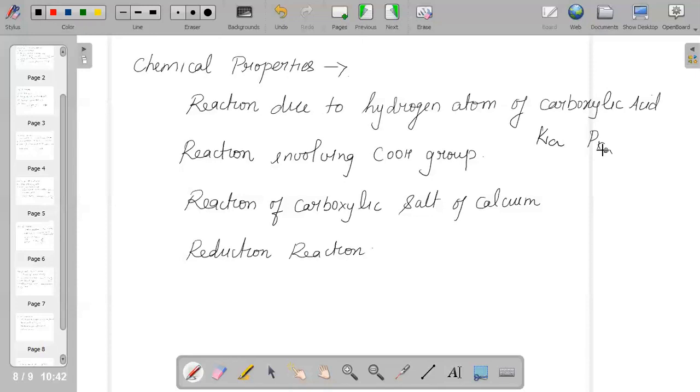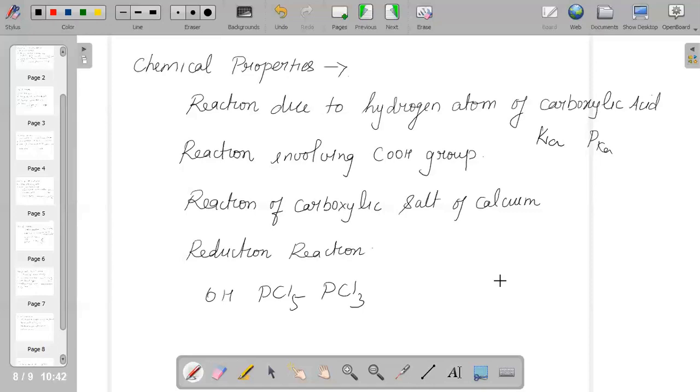It can also react through the OH group, with compounds like phosphorus pentachloride or phosphorus trichloride, and give the product ethanoyl chloride. But the most important is the esterification reaction.